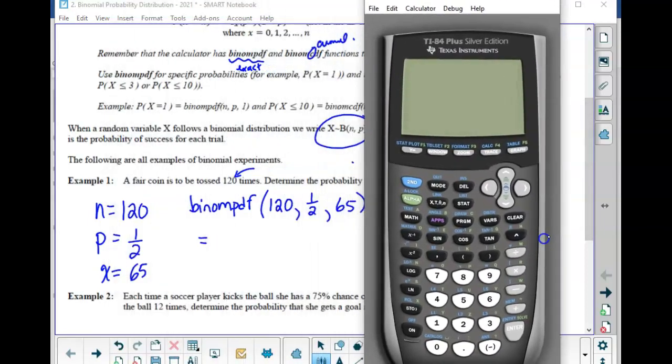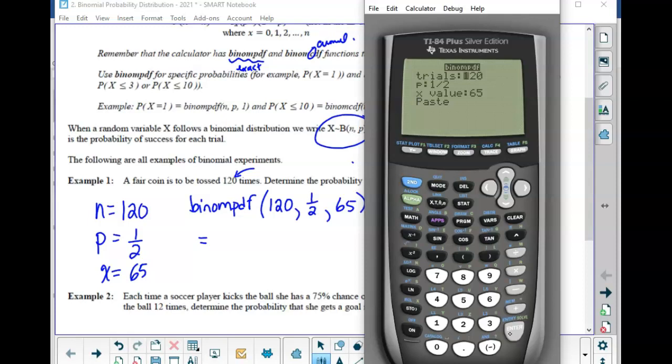So here, let's see if I have to press this twice now. So distributions, so second vars, I'm going to do second vars. There'll be cursor up to binomial PDF. Newer versions will prompt you. Older versions, you have to write it in, or punch it in with commas in between.